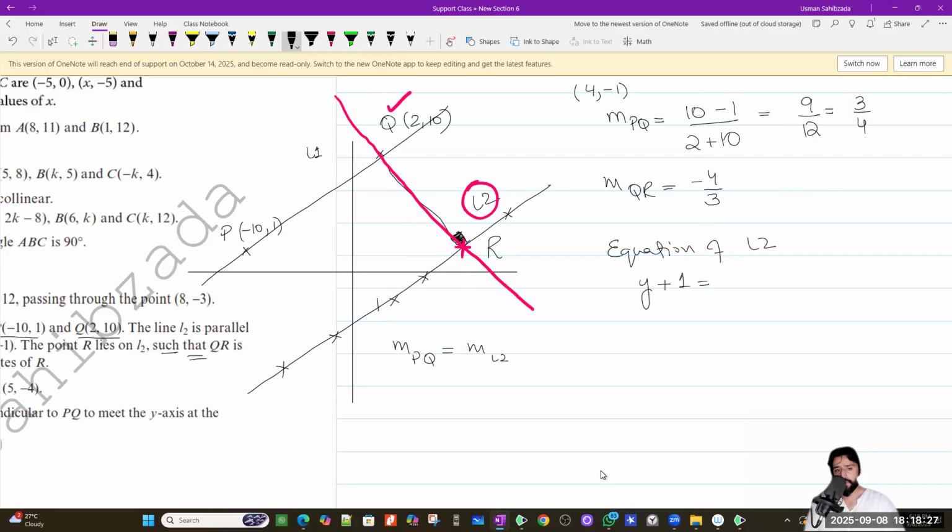Notice the minus made this minus plus. If you didn't catch that, I'll just write it down. Y minus y1 equals m, which is 3 over 4, times x minus x1, which is 4. If somebody is wondering why we are doing this, the gradient of L2 is the same as the gradient of PQ. That's why. Y plus 2 is equal to 3 over 4 times x minus 4.